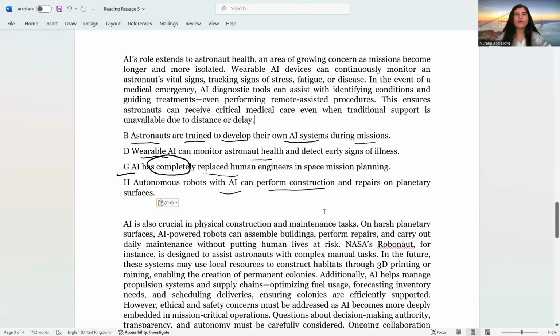In the event of a medical emergency, AI diagnostic tools can assist with identifying conditions and guiding treatments, even performing remote-assisted procedures. This ensures astronauts can receive critical medical care even when traditional support is unavailable due to distance or delay. Yes, please, answers.